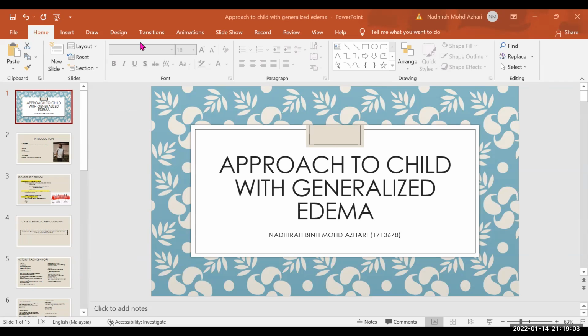So when you have a child with generalized edema, think what could be your provisional diagnosis and what are your differential diagnoses. For example, if you think it's glomerulonephritis, you need to think, is it post-streptococcal or is it other causes of nephritis?